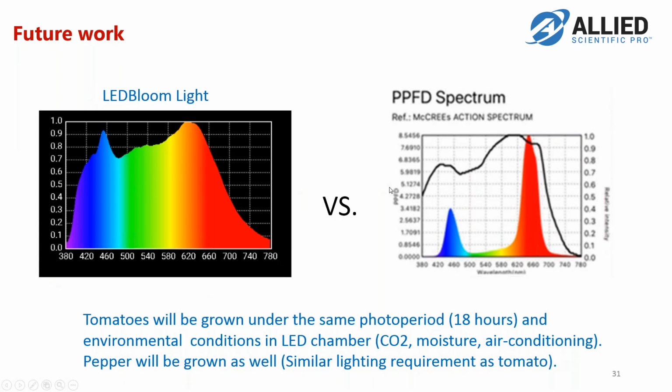Now for future work, what we are planning to do for the next round of our cultivation, and this is what my colleague Ian Godfrey will be doing, is that we want to compare the white light as a source of LED with the blue and red light, which is provided by California Lightworks.